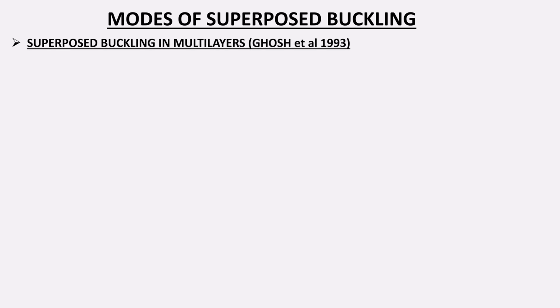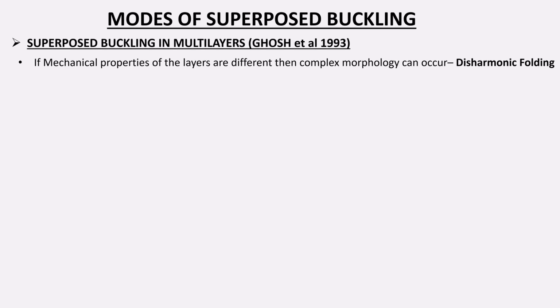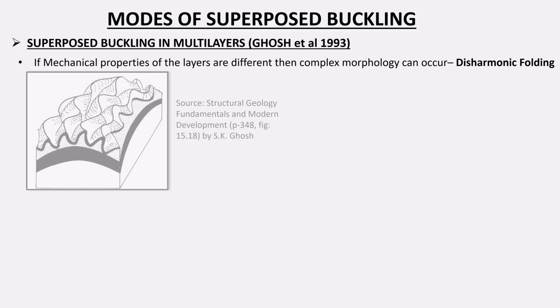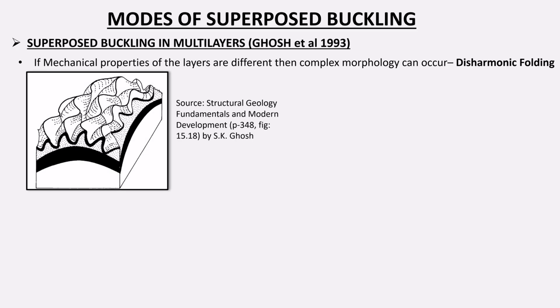But if the multi-layers are thick in appearance and they differ in mechanical properties, then complex types of folding can occur that lead to disharmonic folding basically. And as you can see here, a disharmonic folding can occur. Here is the thin layer at the top, and here we can see the thick layer.